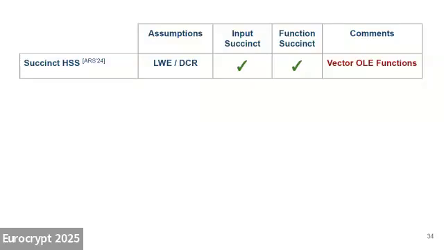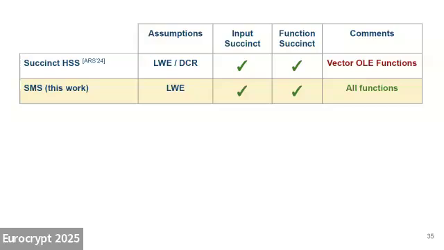So what do we know about constructing SMS using the syntax I described before? Well, we know from a recent work from last year that we can get SMS for vector OLE functions. These are fairly simple functions. And in this work, we show that we can build SMS for all functions from LWE, which gets both input and output succinctness, as well as function succinctness, or succinctness in the circuit description.